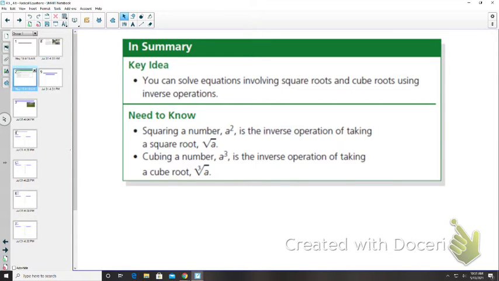So just a little bit of a review. We can solve equations involving square roots and cube roots using inverse operations.